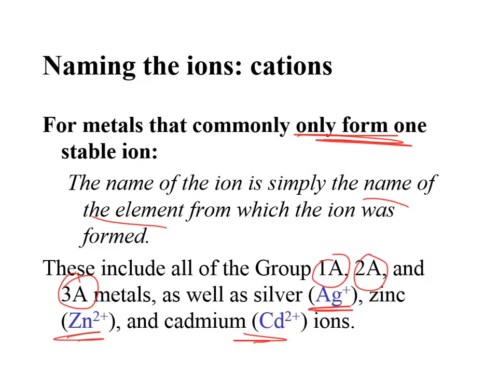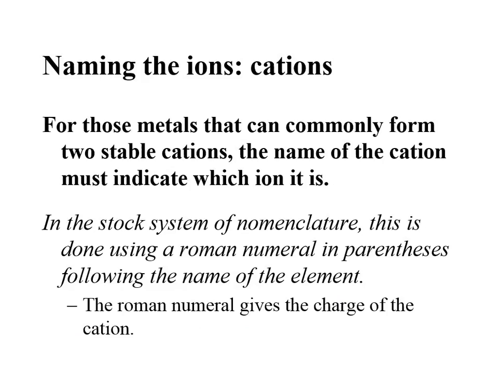I like to tell students who get mixed up with Roman numerals that it's easier to say what you don't use Roman numerals for. For metals that can commonly form 2 stable cations, remember with iron we did Fe+2 and Fe+3.